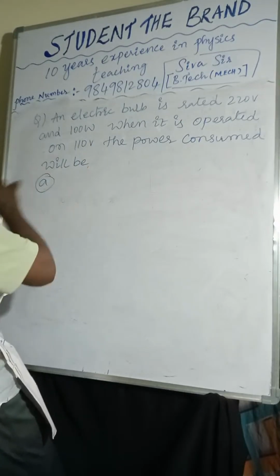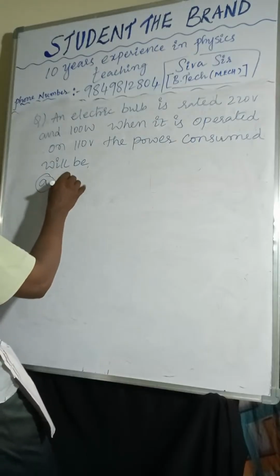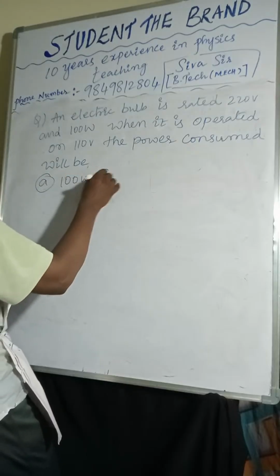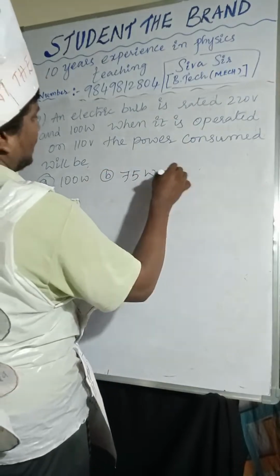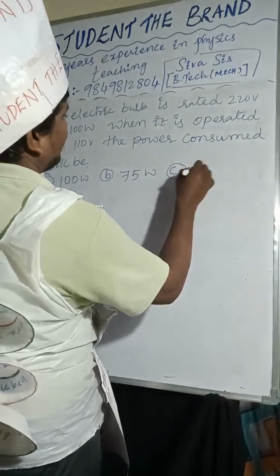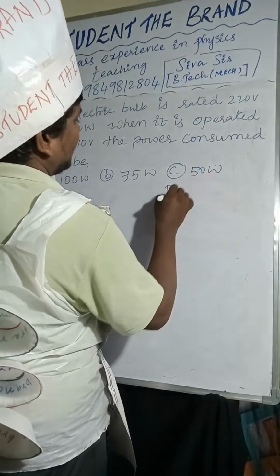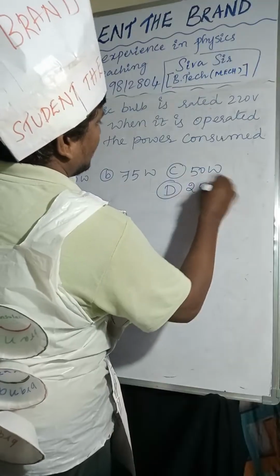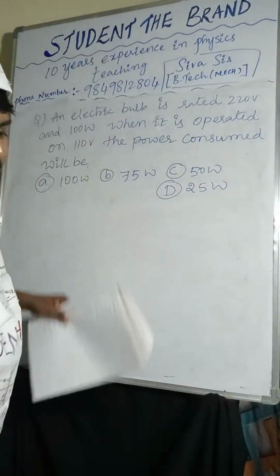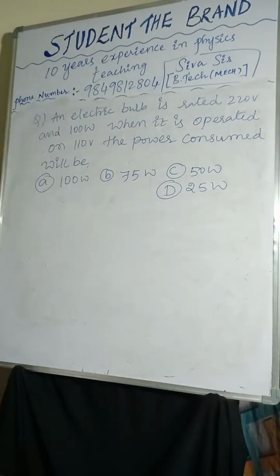Options I'm giving. Option A 100 watt, option B 75 watt, option C 50 watt, option D 25 watt. So which one is the answer? Can you tell me? Find out.